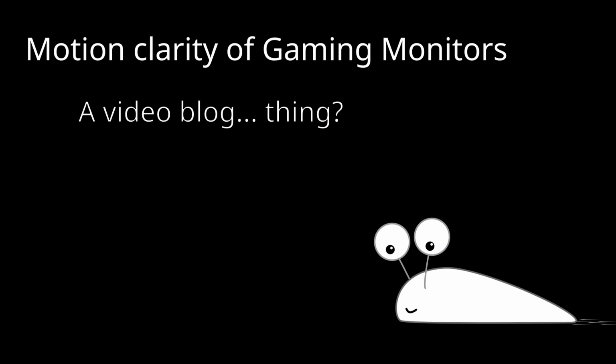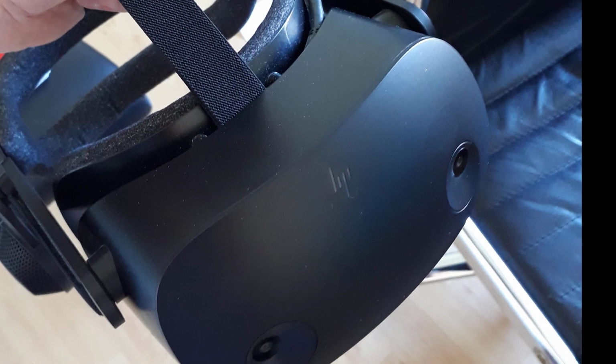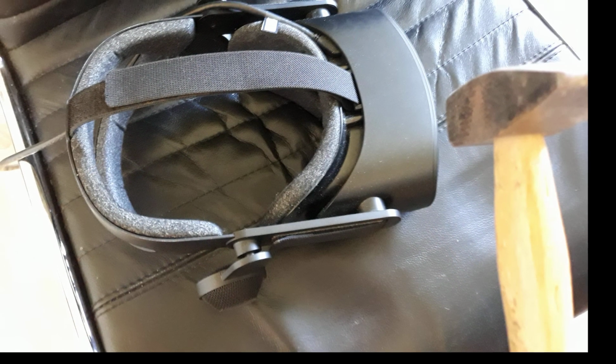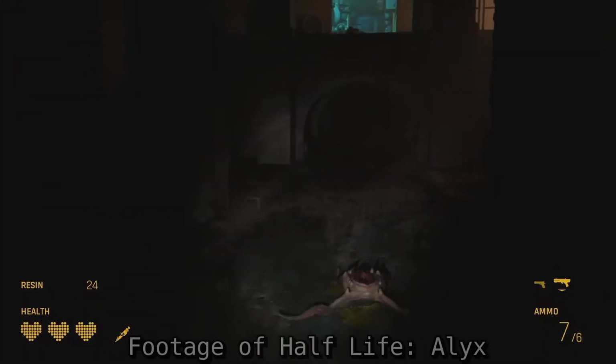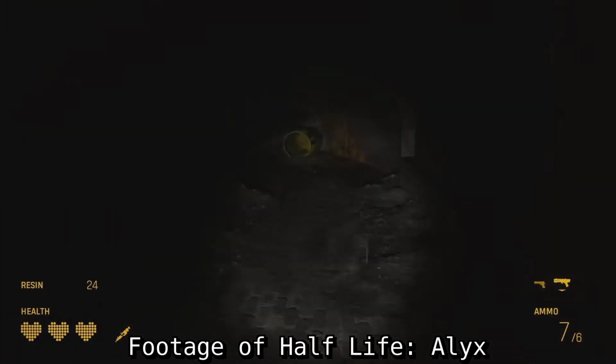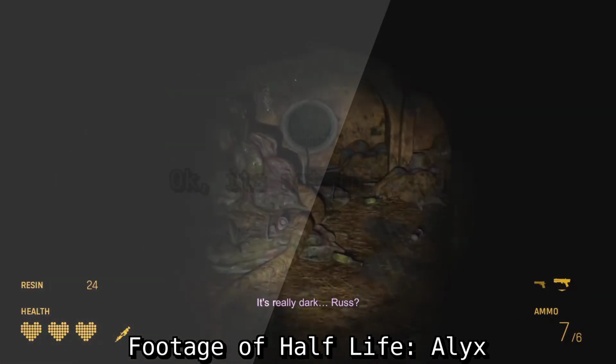Nonetheless, I hope I've made my point here in showing why TFTs, or the way they are driven, are not the ideal display technology for moving pictures, and we need to improve on that. It's not like it isn't possible. Let's introduce the HP Reverb G2. This is the VR headset I currently own, and the used display is an LCD with an IPS panel, with a not optimal contrast.